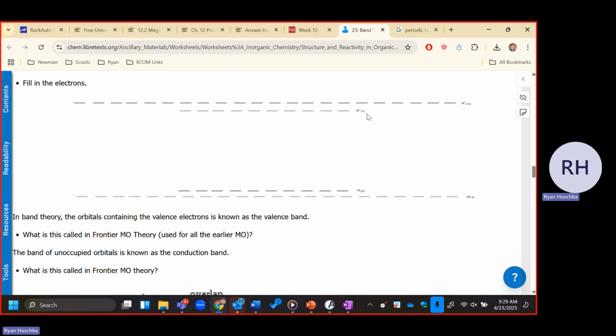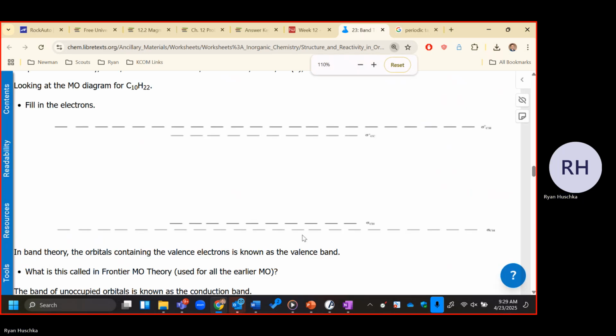And then you have a, which in my opinion should be CC, because those would be 1, 2, 3, 4, 5, 6, 7, 8, 9, 10. So that's a typo on their part. This bonding down here should be CC.